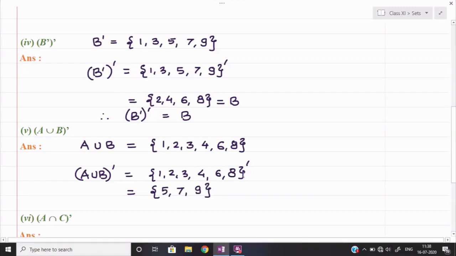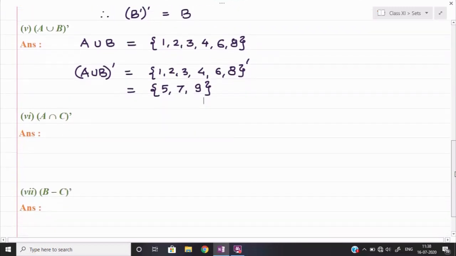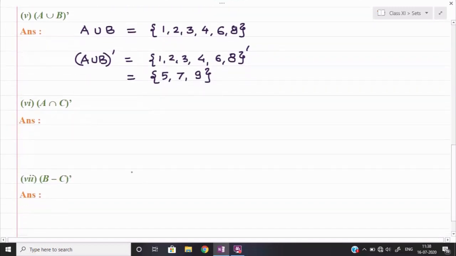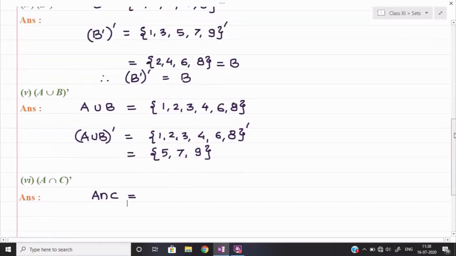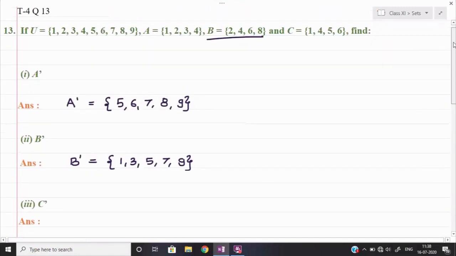Same way we can find out the value of (A ∩ C)'. Okay, so let us see this one, (A ∩ C)'. First I will find out A ∩ C. Okay, so let us see. A is equal to {1, 2, 3, 4}. Once we can check, A is equal to {1, 2, 3, 4}, right?